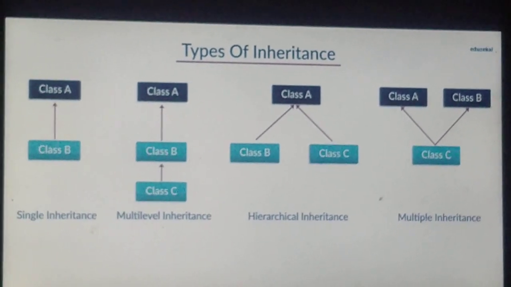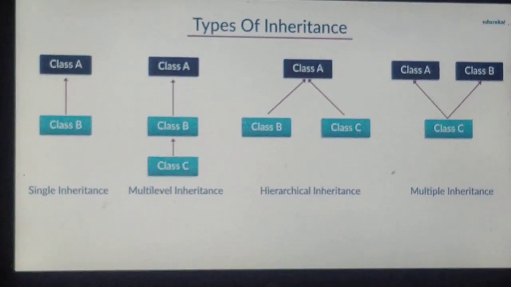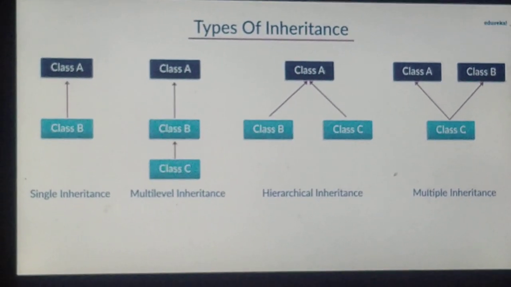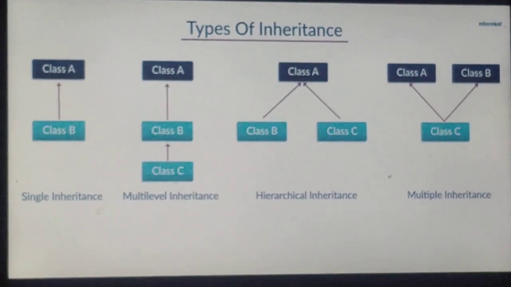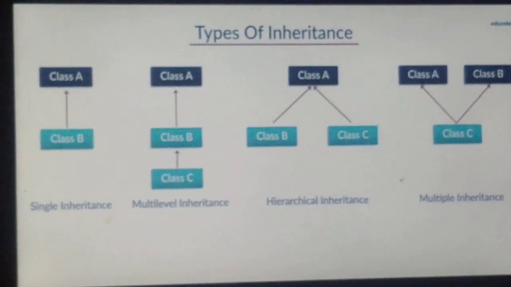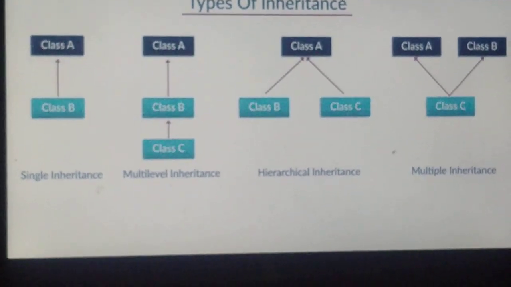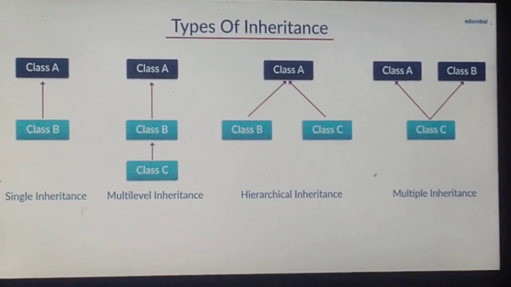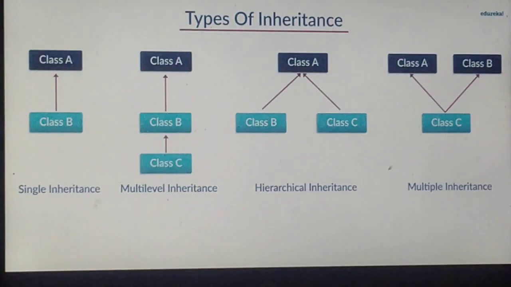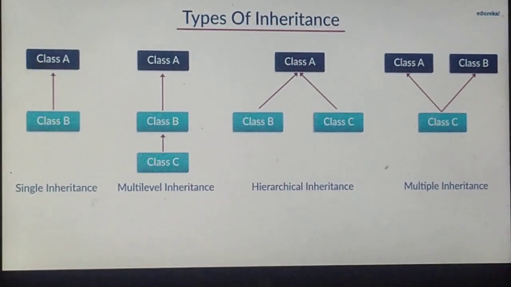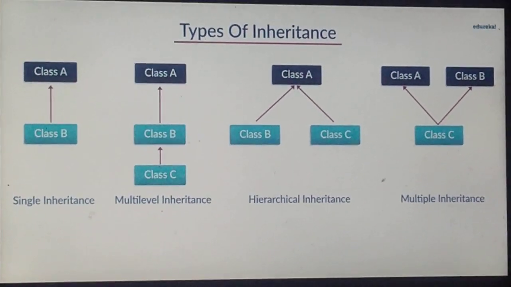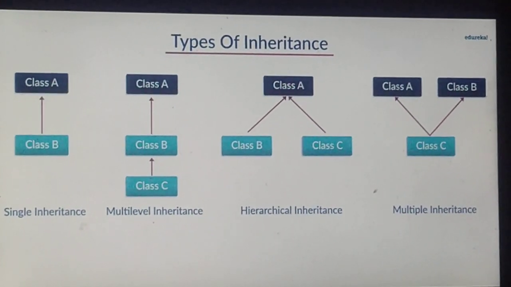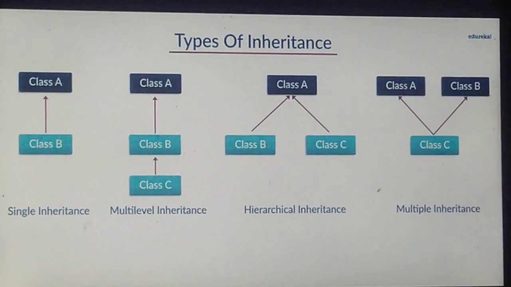Single inheritance means there is only one base class and one derived class. Multi-level inheritance means there is one derived class and another sub-derived class from the derived class. Hierarchical inheritance has only one base class and multiple derived classes from that base class. And multiple inheritance has multiple base classes and one derived class.